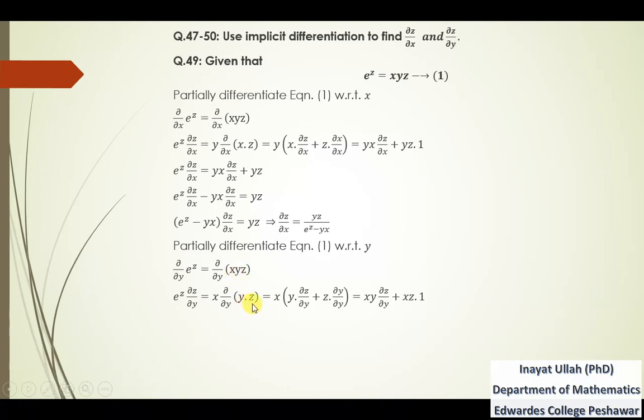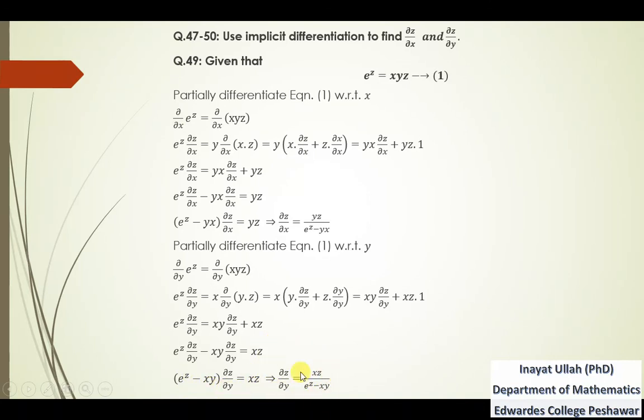Using the product rule to get these two terms, and del y is 1, multiplying x inside, xy del z del y plus xz into 1. So that is e^z del z del y is equal to this thing. Now transferring this term towards the left side and taking del z del y common in these two terms to get this equation, and in order to find del z del y, we need to divide by this term towards that side. So that is del z del y.